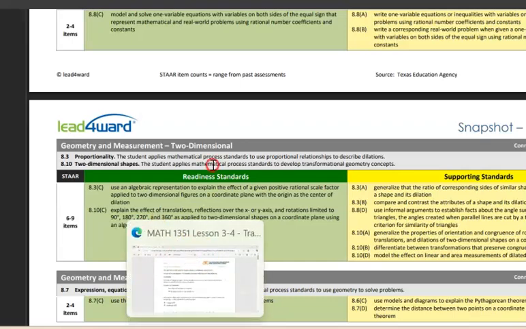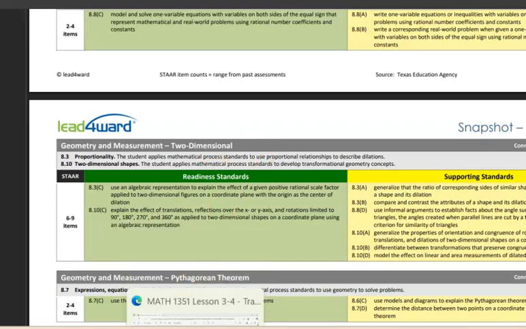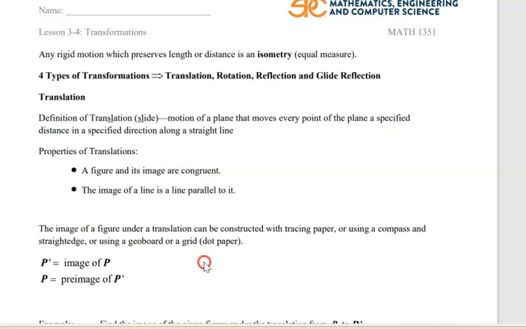So we'll look at some activities for these things, but first I just want to go into some basic definitions and start with some simple examples. So the first transformation we're going to talk about is a translation. A translation is the motion of a plane that moves every point of the plane a specified distance in a specified direction along a straight line.